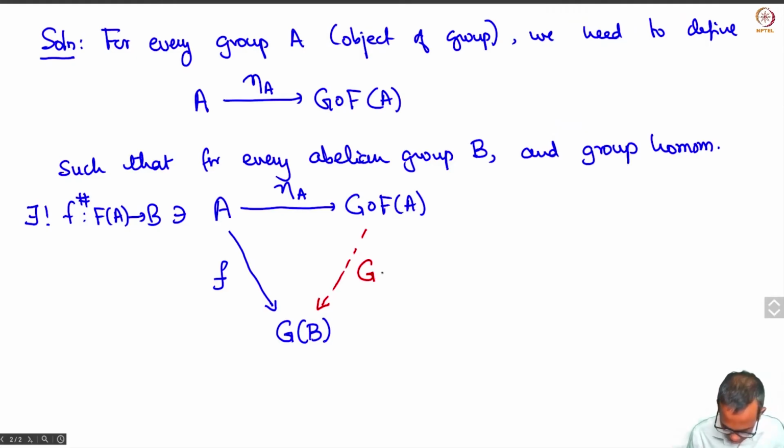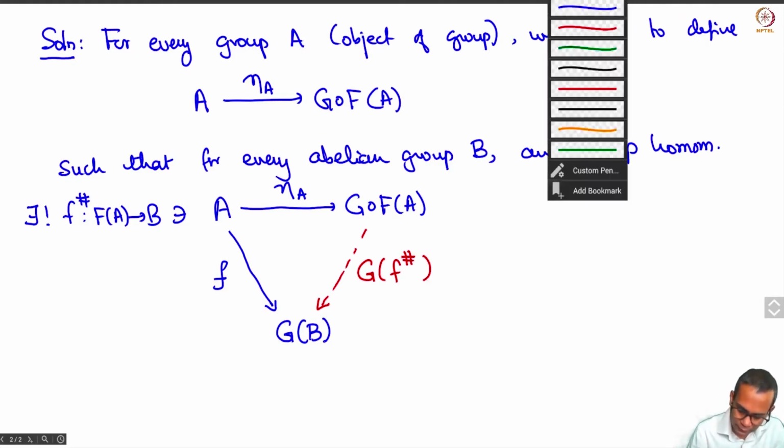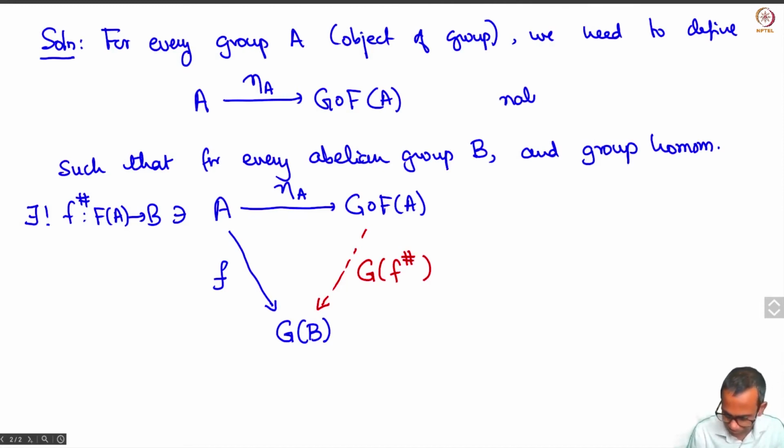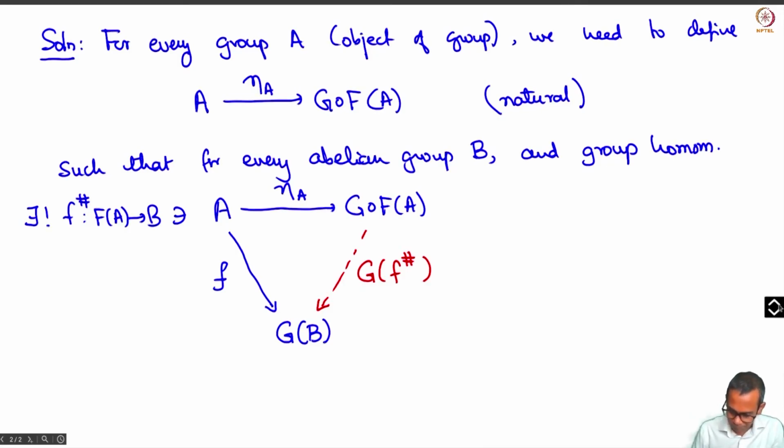So this is G of F sharp. Okay, and this eta needs to be natural. That means this collection needs to give rise to a natural transformation. So let's just decode what all these symbols mean.